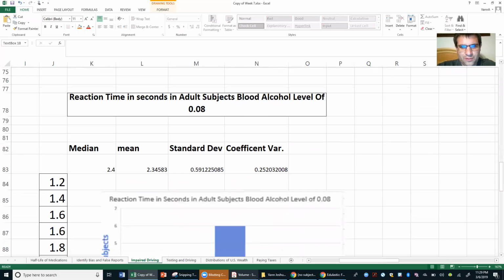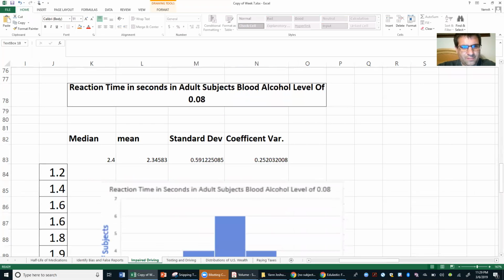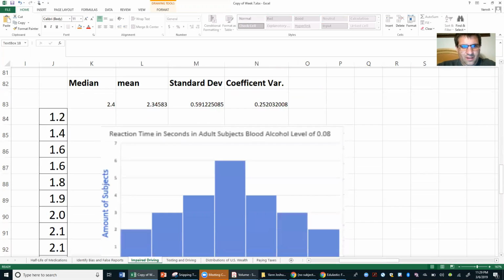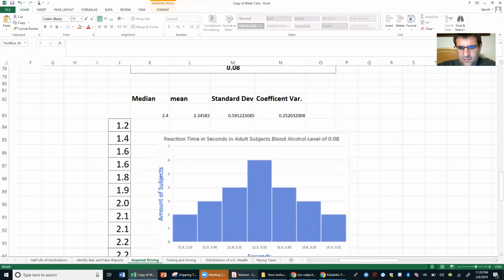And then we also looked at the reaction times in adults with a blood alcohol level of 0.08.